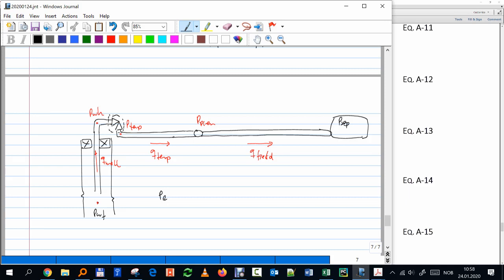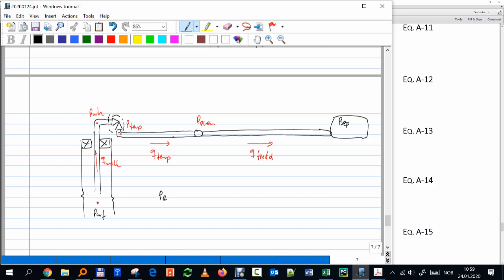Because then I can simply use the choke to burn the excess energy that I have. But when that pressure is lower than that pressure, I don't have enough energy. What do I do then? Then the choke is not relevant anymore. I can simply have an open choke, and then the choke doesn't have to be modeled.